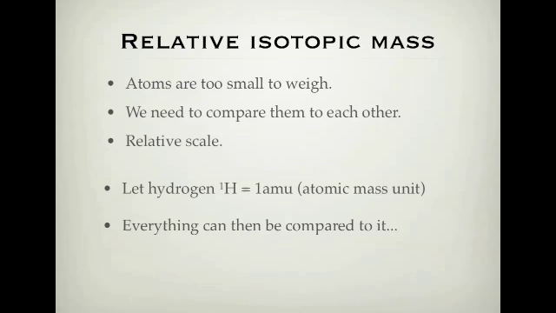Then we look at oxygen. Oxygen weighs 4 times as much as helium, and 16 times as much as hydrogen. So oxygen gets an atomic mass unit of 16. And so we build up this thing called the relative isotopic mass, a scale built around the fact that hydrogen is equal to 1.